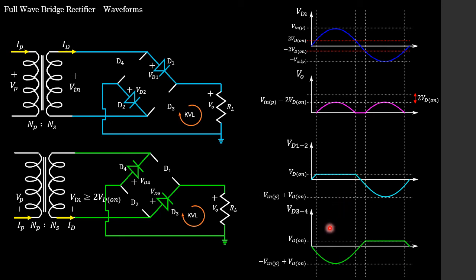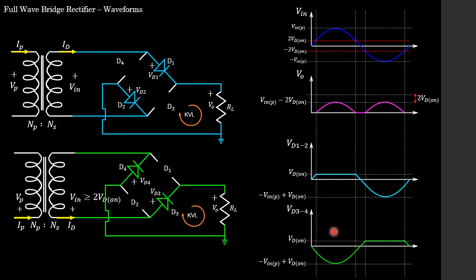Looking at our diodes 3 and 4, which are going to be off during the positive half cycle. Because of the way the circuit is built and configured, we know that the voltage across our diodes D3 and D4 is pretty much going to be our maximum reverse voltage. And the maximum reverse voltage happens at this peak point, which is minus V in peak plus VD on.